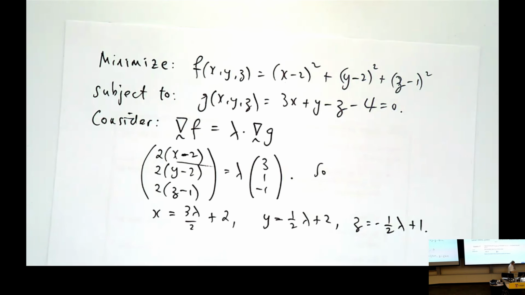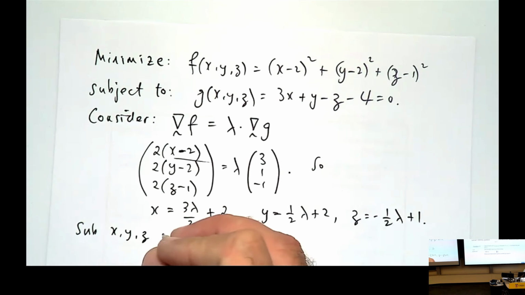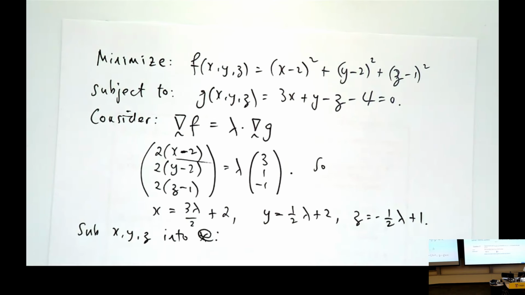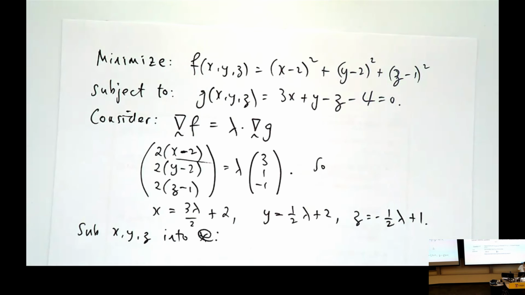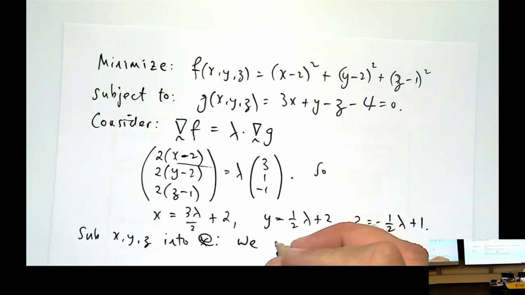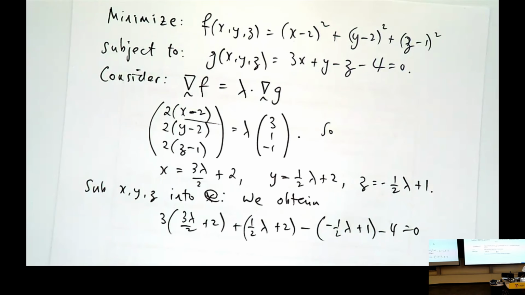So what I'm going to do is sub these three expressions into my constraint. I'll get something for lambda. Okay, solve that. I got lambda equals negative 6 on 11.